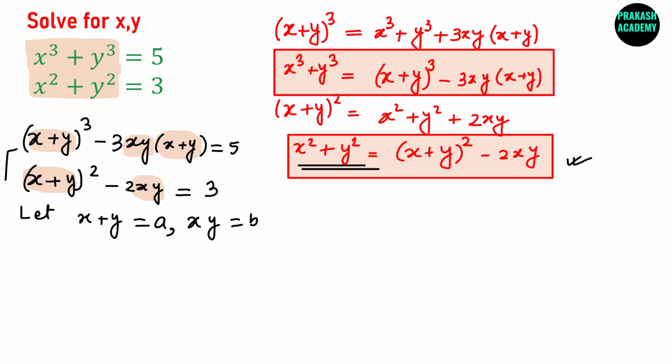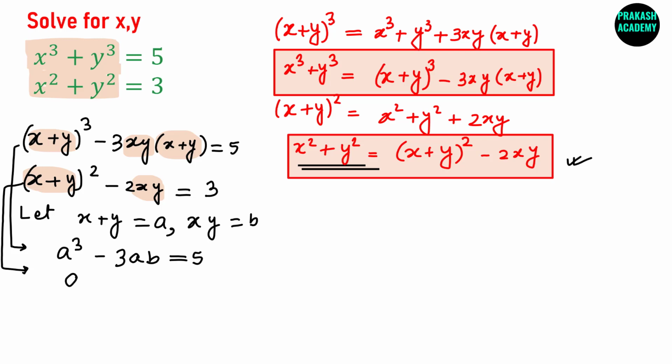So with this substitution, the first equation we can rewrite. This will become a cube minus 3ab is equal to 5. Similarly, I can also rewrite the second equation.